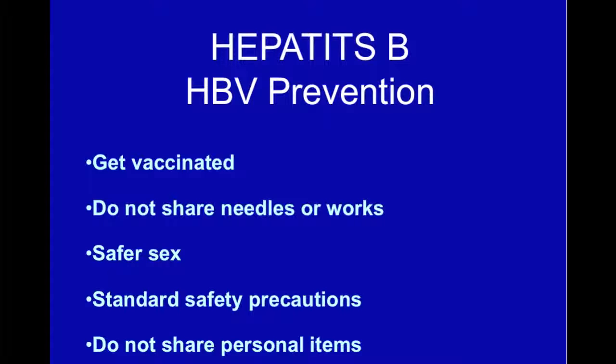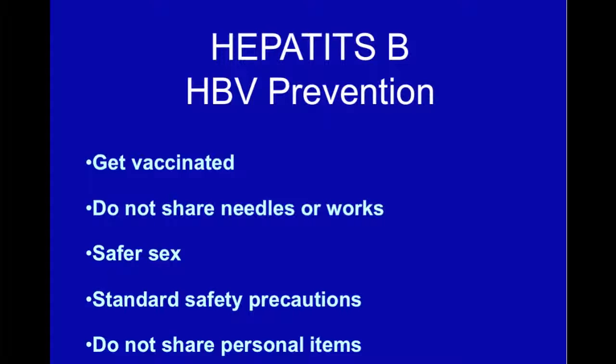What I'm talking about here would be an example, using a razor. For example, if you shave and you accidentally cut yourself and the next person comes along, they shave with the same razor and they cut themselves, there you have blood-to-blood transmission. Same type of thing with a toothbrush. You're brushing your teeth real hard and you got a little blood on the toothbrush.